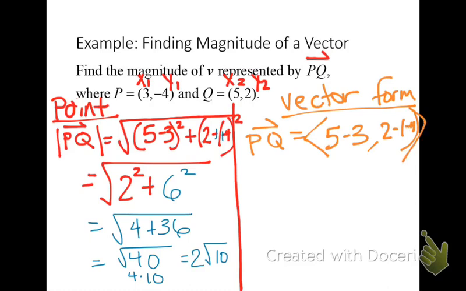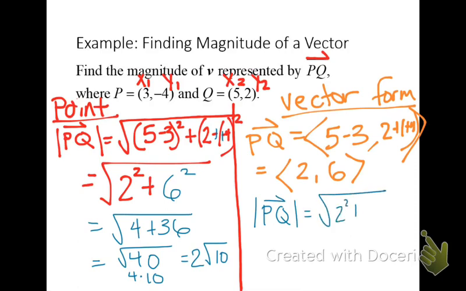That is a negative in there. So this ends up giving me the vector of 2, go and change that to addition, 6. And so now you can kind of see where the two formulas combine. And so changing over to the formula for my vector, to find the magnitude, that would be the square root of 2 squared plus 6 squared, which is the square root of 40, which we have already simplified down to 2 on the square root of 10.